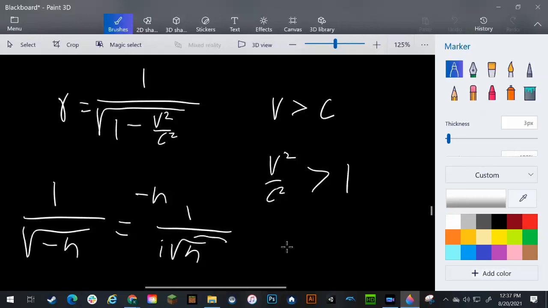We're going to get some imaginary number. And so, again, it doesn't make sense to think about a reference frame which has imaginary components. So it just doesn't make sense to think about reference frames that are at or larger than the speed of light. And so that's why the speed of light is this sort of cosmic speed limit. It's an upper limit of what velocity you can possibly have.